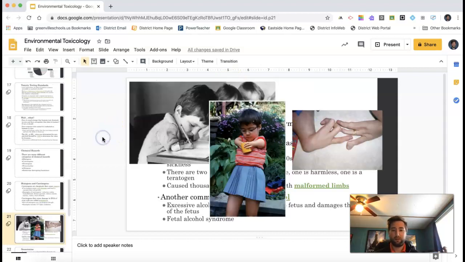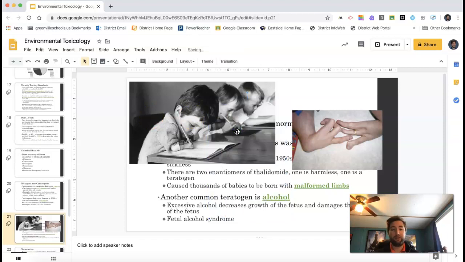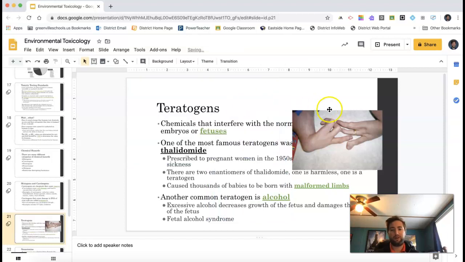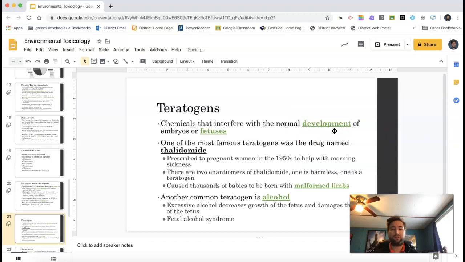Alright, so let's talk about this, and I'll delete these pictures, and I'll talk about them here in a second. So teratogens are things that are going to affect the development of a fetus or an embryo. One of the most common ones that people always talk about is alcohol.